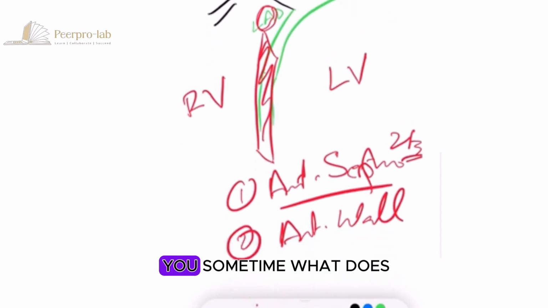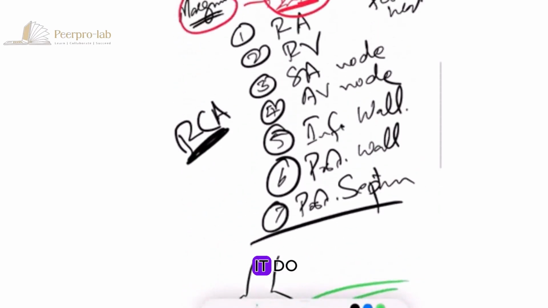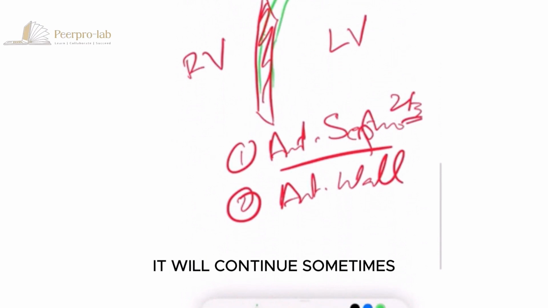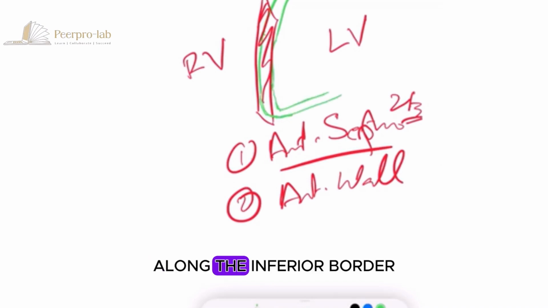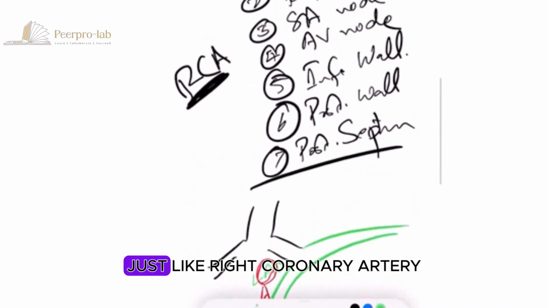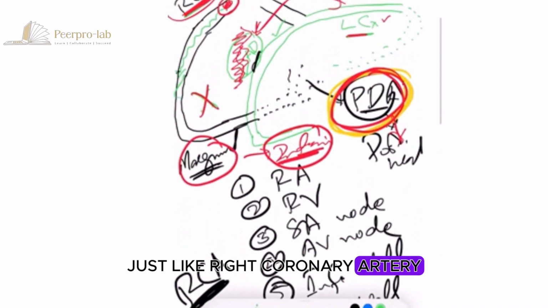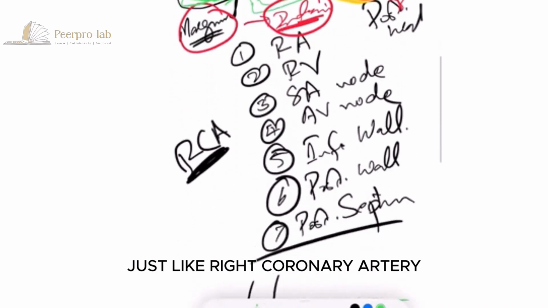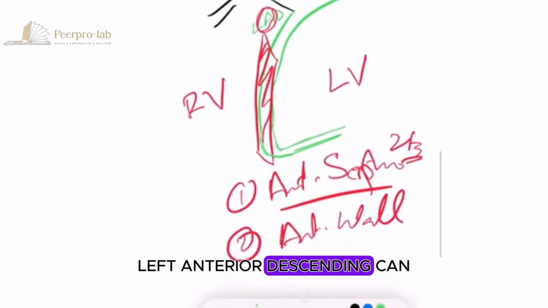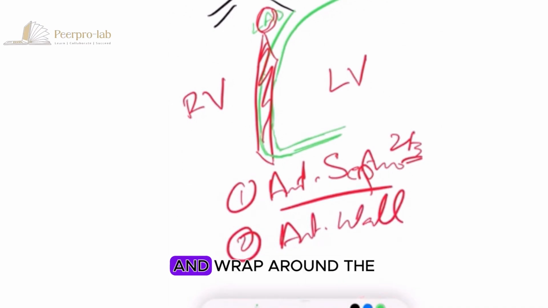And as I told you, sometimes what does it do? It will continue. Sometimes, not always, only in 10% of the cases, it will continue along the inferior border of the heart, just like the right coronary artery continues on the inferior border. Left anterior descending can also continue and wrap around the inferior border and supply the inferior wall of the heart.